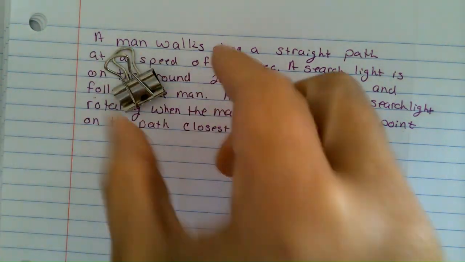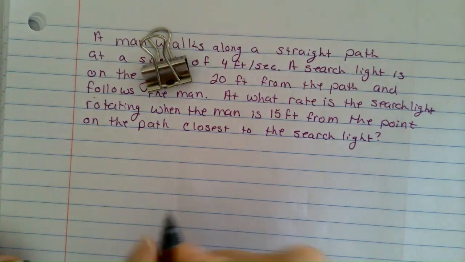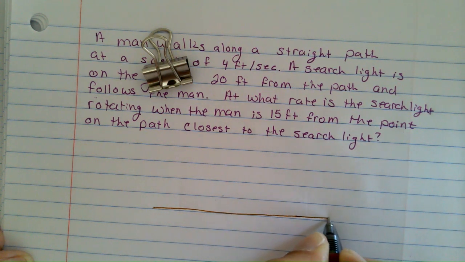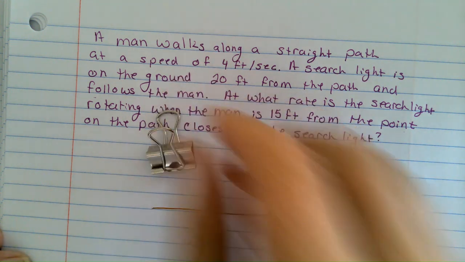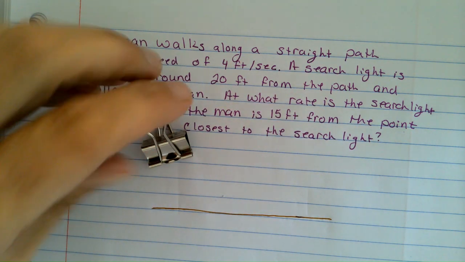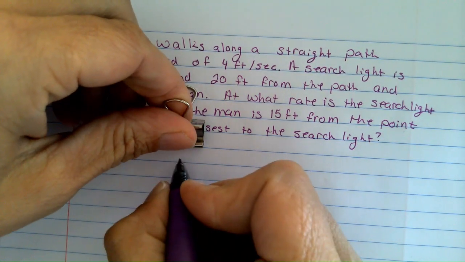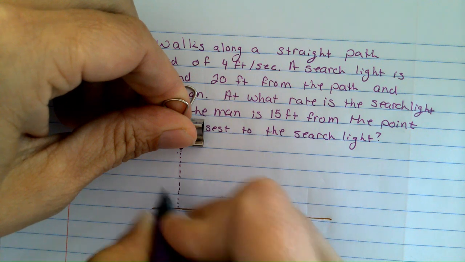So I'm just going to give us, this is our searchlight. Okay, we'll do a brown line for the ground. And the searchlight is sitting on the ground, so we'll just give it a little dot right here. But we know that it's 20 feet from that path.